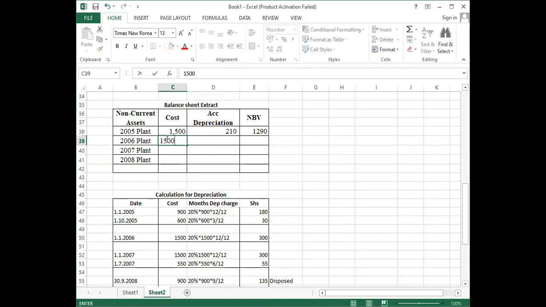Still 1500. The total depreciation we have accumulated: 210 plus 300 to get 510. The new book value becomes 990. True or false?